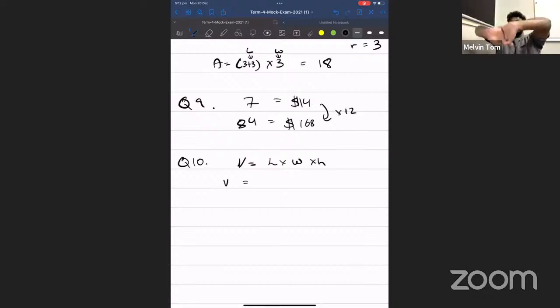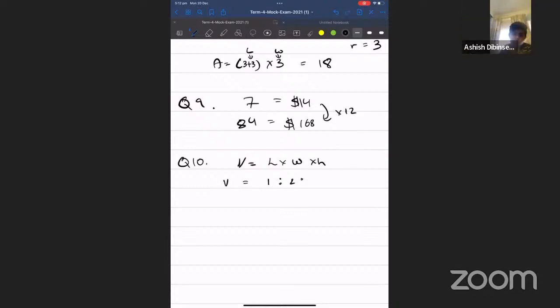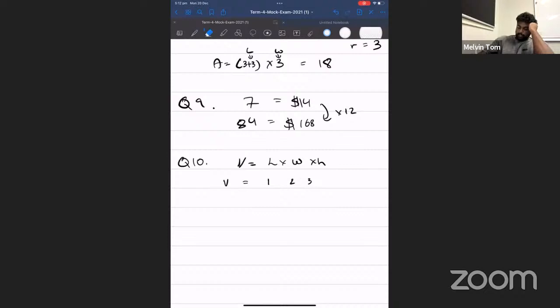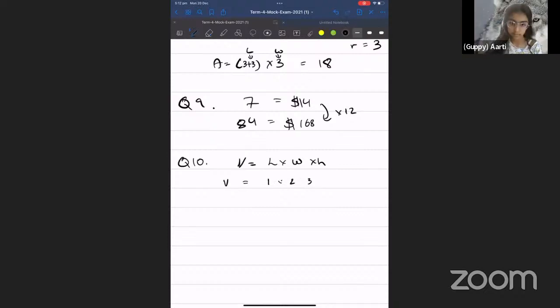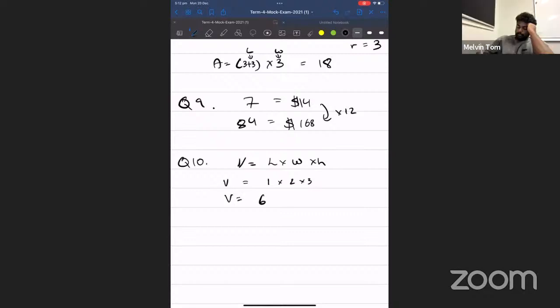What are the smallest whole numbers it can be to have that ratio? 1 and 2. Yes. So for this question, what's an easy set of length, width, and height we can use? 1, 2, 3. Perfect. But instead we're going to have multiplication signs. 1 times 2 times 3. So volume is equal to 6.